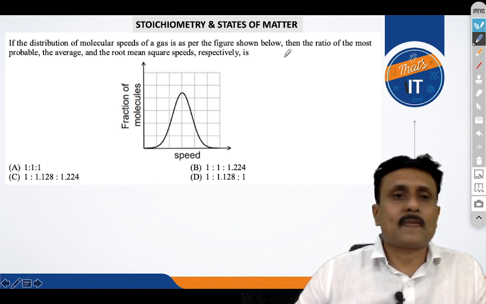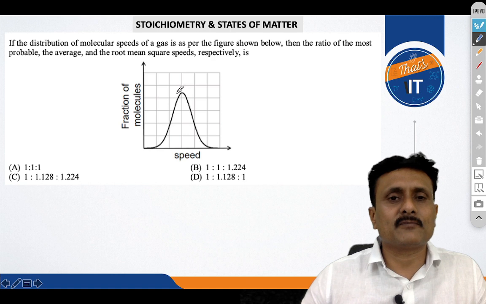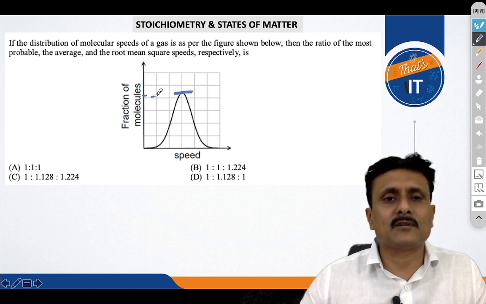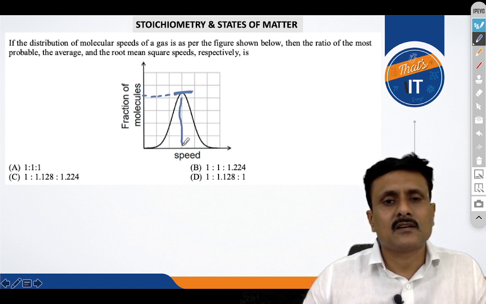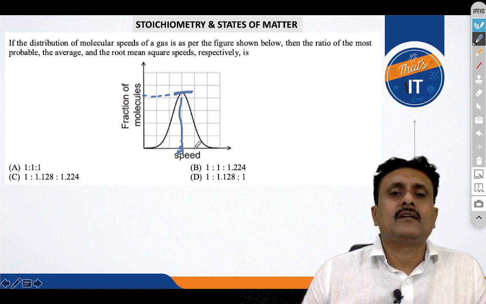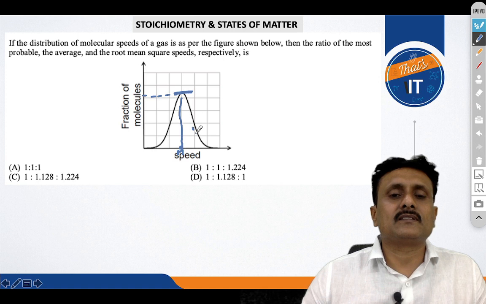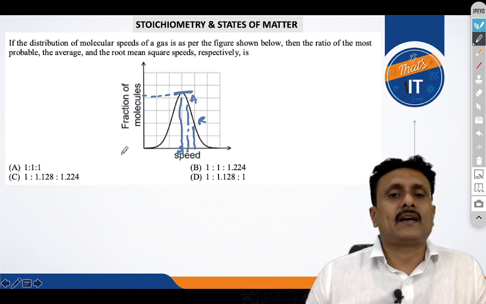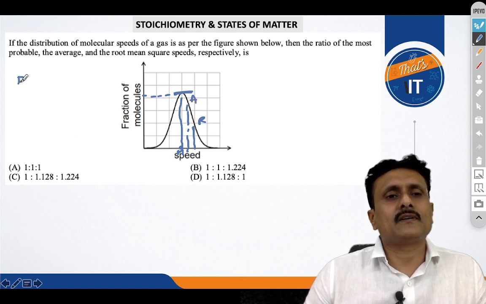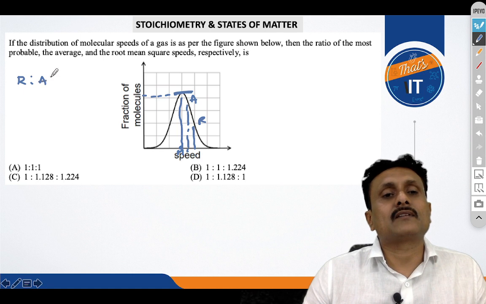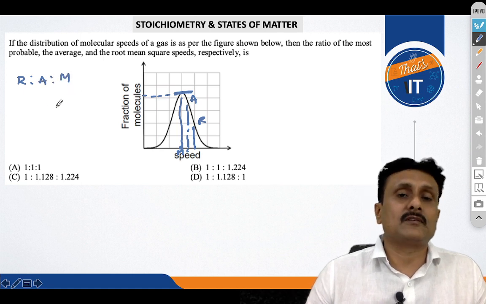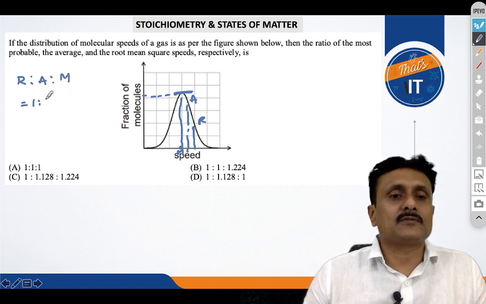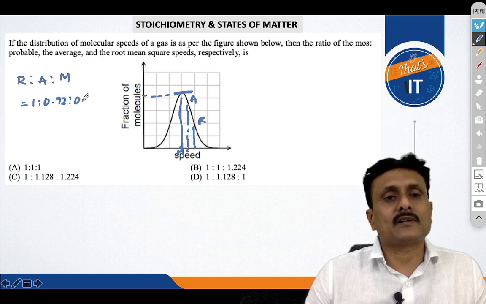As we know, this is your most probable velocity, possessed by the maximum number of molecules. Then the highest velocity is RMS and the average lies somewhere in between. As we know, the ratio of most probable, average and RMS velocity would be 1 is to 0.92 is to 0.82.